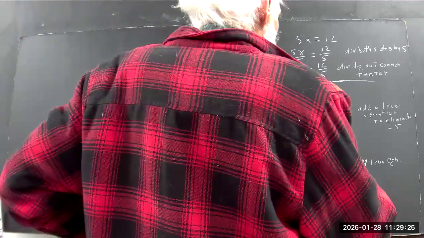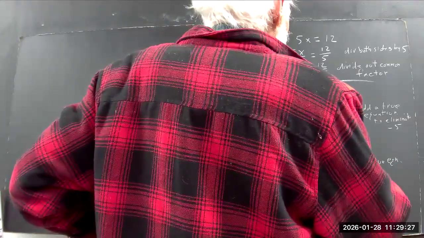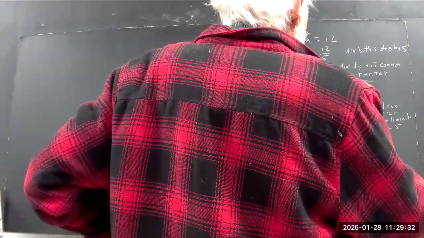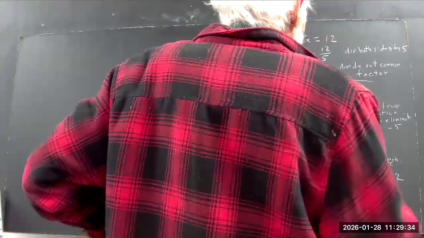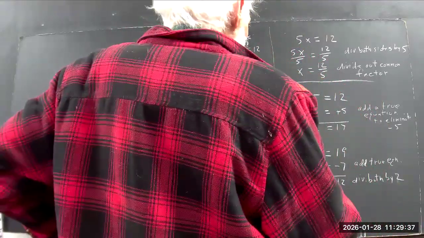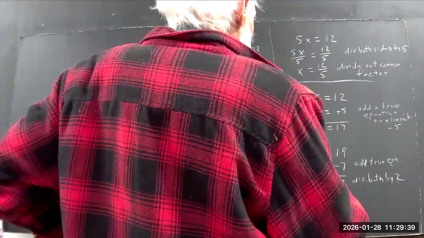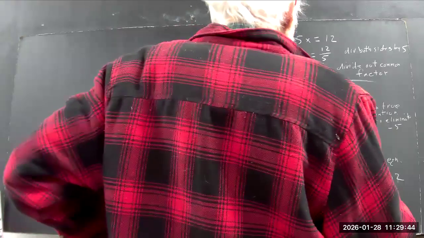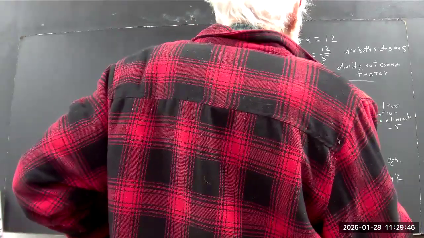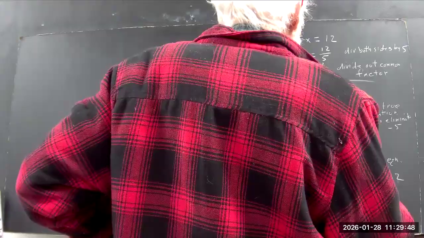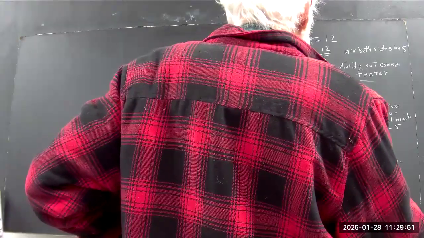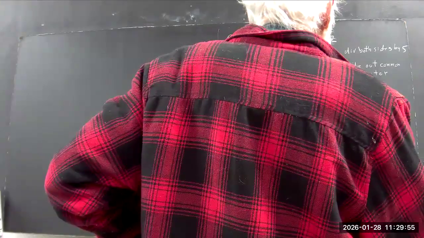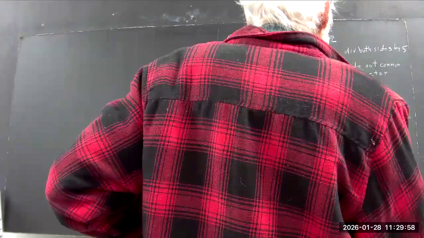And then divide both by 2. 2x over 2 equals 12 over 2. We divide out common factors.